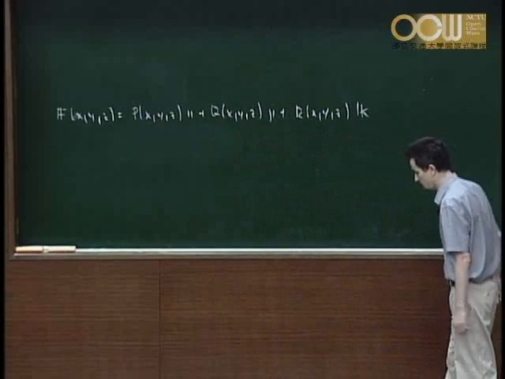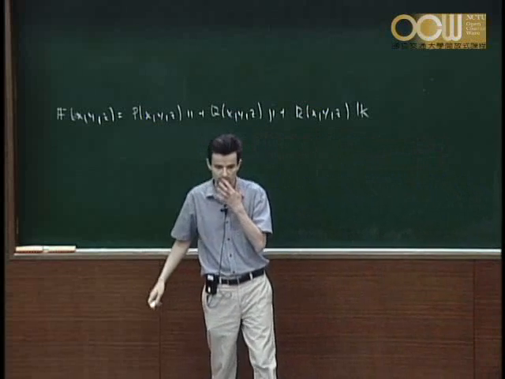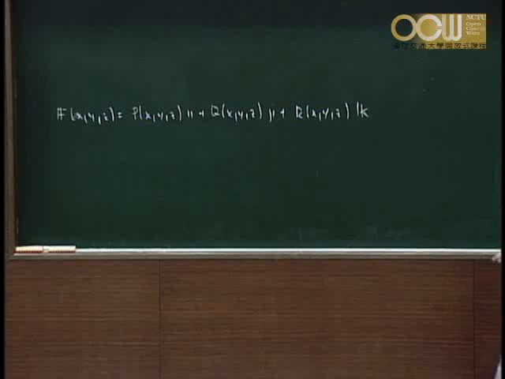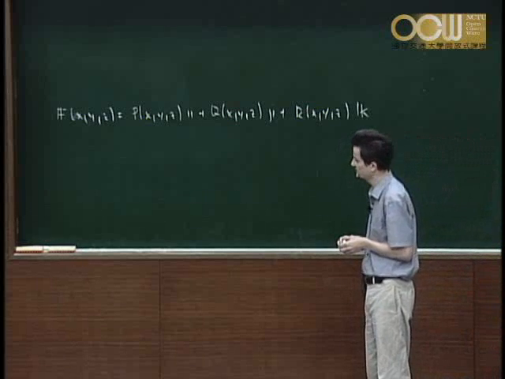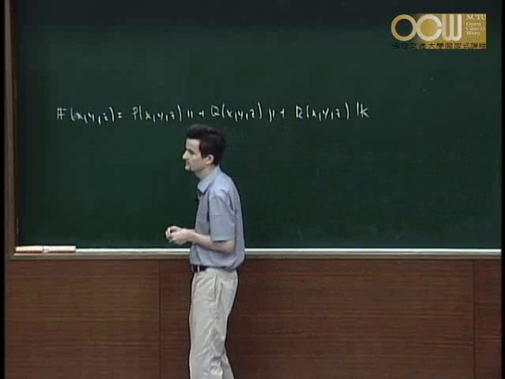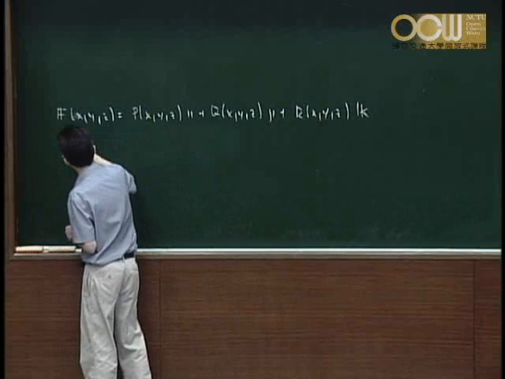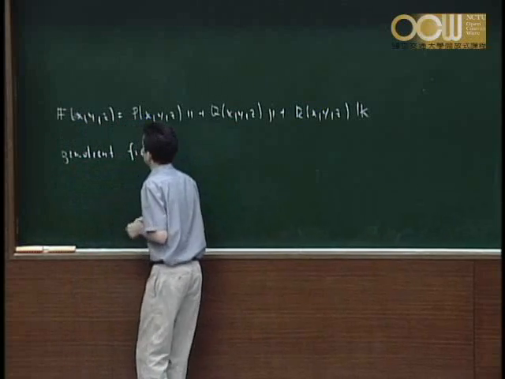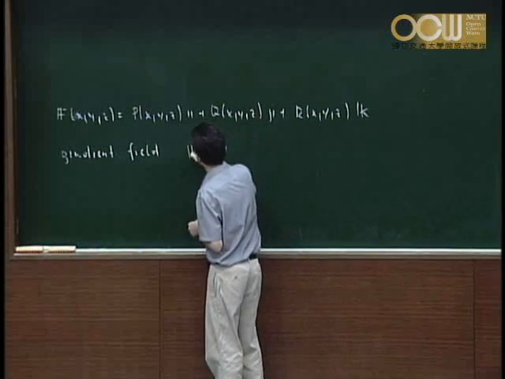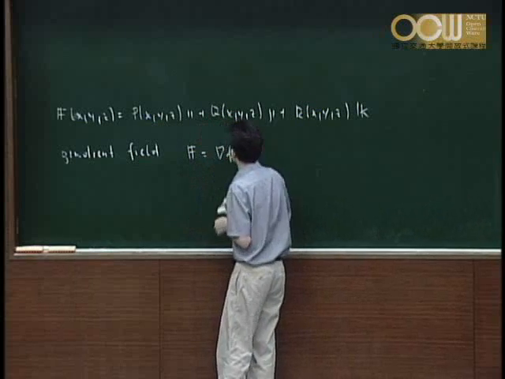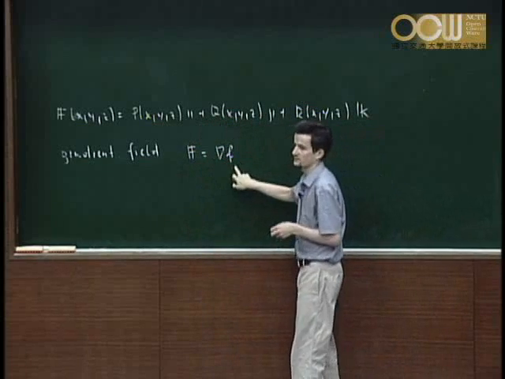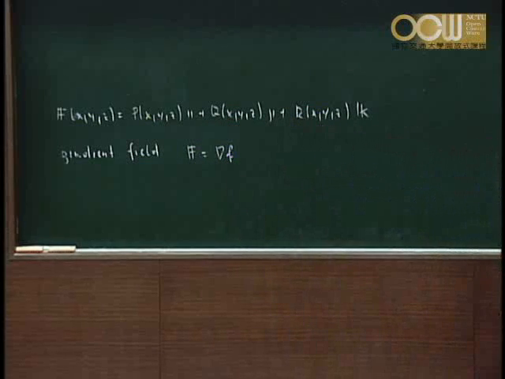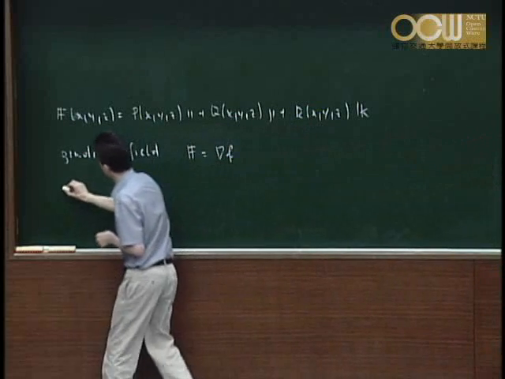Now, we have encountered a special vector field quite early, when we discussed the so-called gradient field. We have one special example, namely the special example where the vector field is generated by a function f, so it's given by the gradient of a function f, and f is called the potential function.